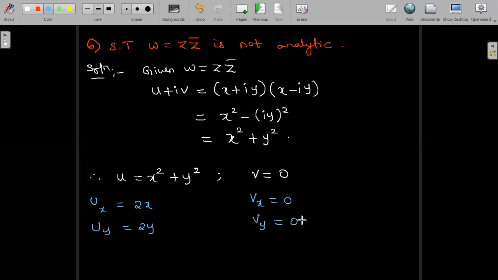Observe that the CR equations ux is equal to vy and vx is equal to minus uy are not satisfied. Hence, we conclude that the CR equations are not satisfied, and the given function f of z is not analytic.